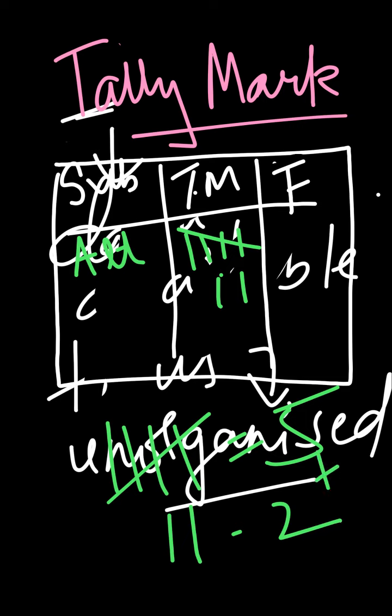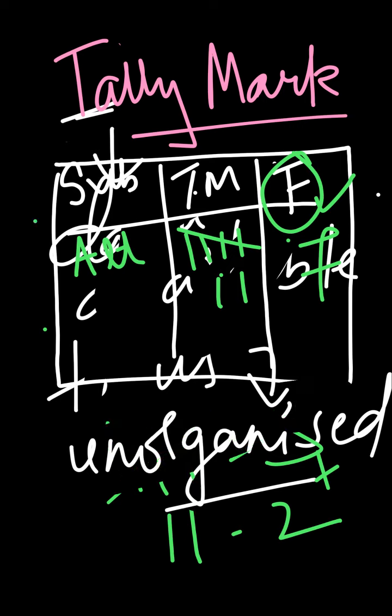So 5 plus 2. I have written F because it is frequency. Here actually the number of students will be there, and you are supposed to call that the frequency. That is 7. The definition is: the number of tallies before each subject, the number of students who like that particular subject, is called the frequency. Where you have frequency at the end, the number in numerical form you have written, that is the frequency.